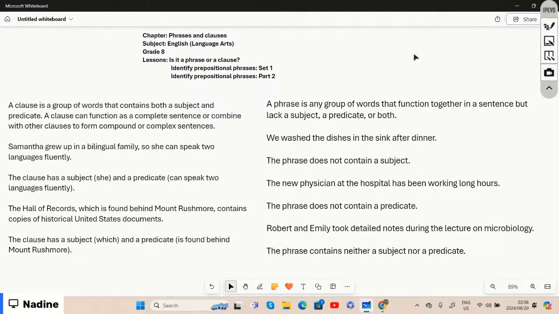And the lessons that we are going to be focusing on under the chapter of phrases and clauses are: is it a phrase or clause? And identify prepositional phrases, set 1 and set 2.